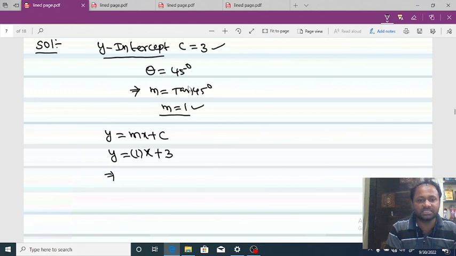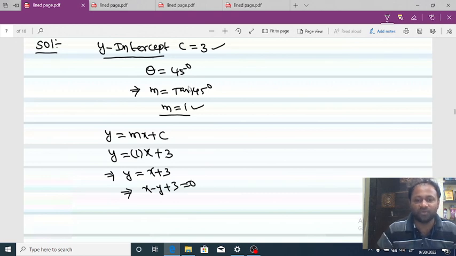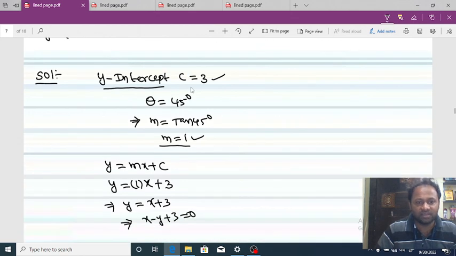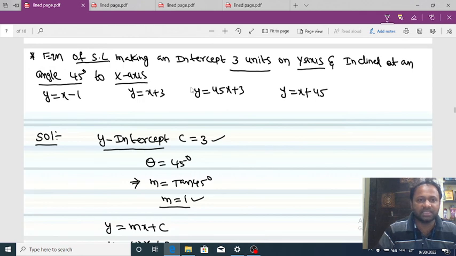That implies y is equal to x plus 3. Hence, we can say that x minus y plus 3 is equal to 0. Let us see the answer. Directly it is given here: y is equal to x plus 3 will be the correct answer. So this is the way to solve.